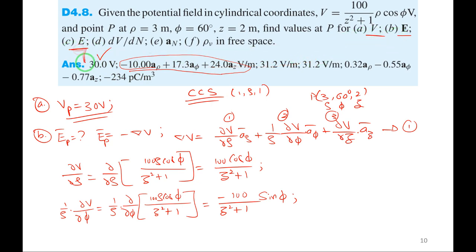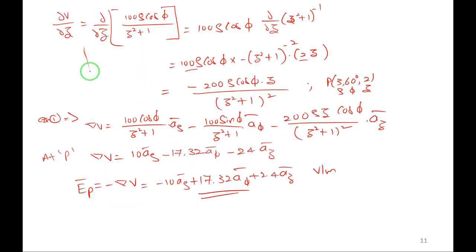Next part C. Part C, how to do it? Just observe here. They have asked magnitude of E. Already you have E at point P. Part C is just take the magnitude. E is equal to magnitude of vector E at point P. Just take the under root of this, right? So under root of 10 square plus 17.32 square plus 24 square.